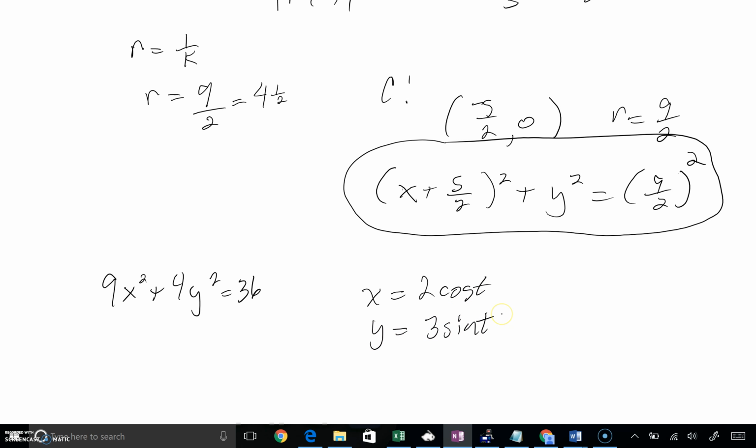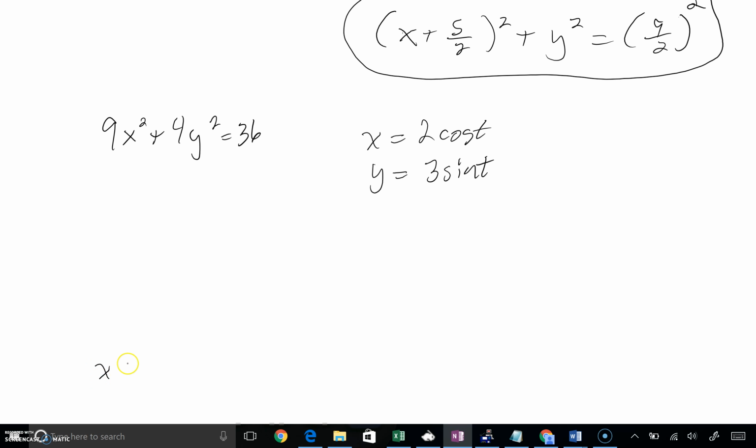But rest assured, the bottom line is, we could make a whole bunch of parametrizations. And I just want to call to your attention that we could, in theory, say, let's let x equal t. And you're free to do that. You're certainly free to do that.